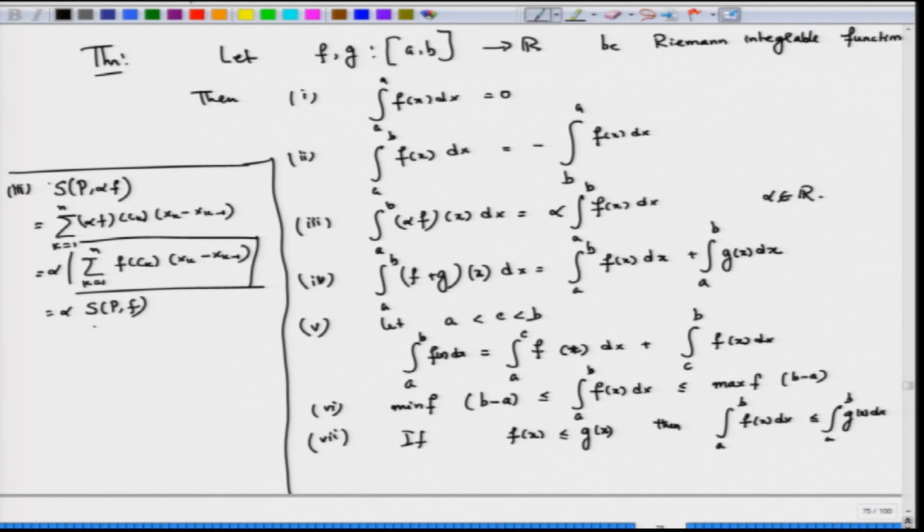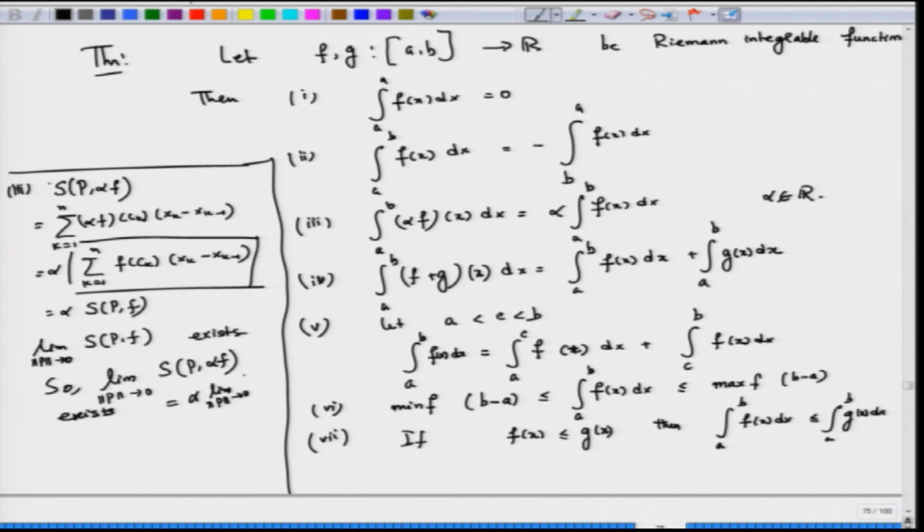Now, we know that limit of S P of f as norm P goes to 0 exists. So, limit as norm P goes to 0 of S P of alpha f exists, and that is equal to alpha times limit as norm P goes to 0 of S P of f, which is equal to alpha times integral a to b of f of x dx. That is what we know.